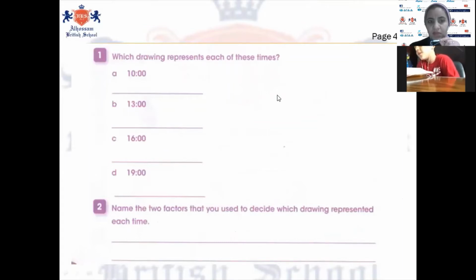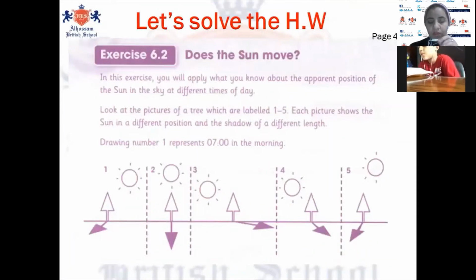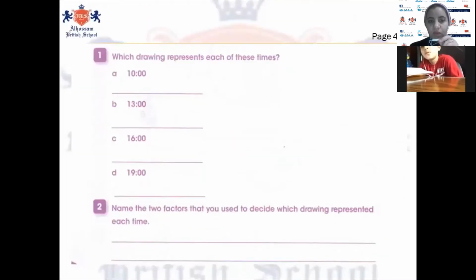You didn't say 1, right? Yes, we didn't say 1. Okay, 1 is number 2. Excellent. So 10 will be 5. 13 is number 2. 16 is going to be number 3.